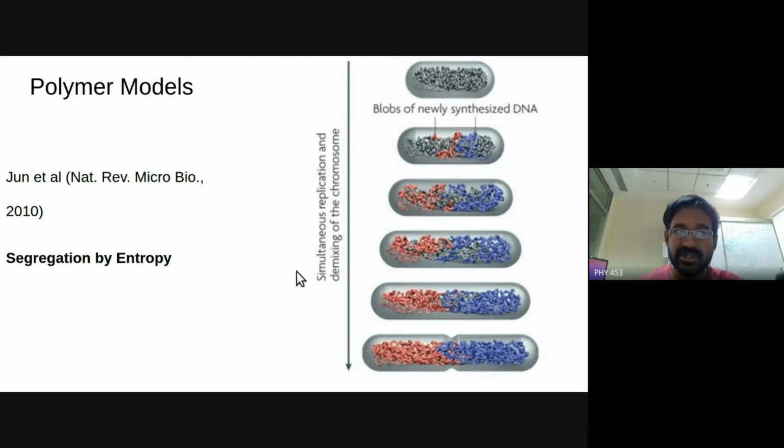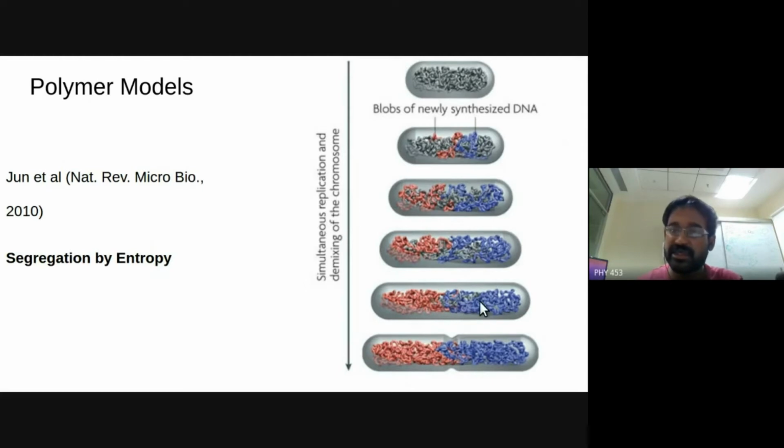The key idea is they suggested that newly replicated chromosomes, as you can see on the right, can spatially segregate due to entropic repulsion between the daughter chromosomes.